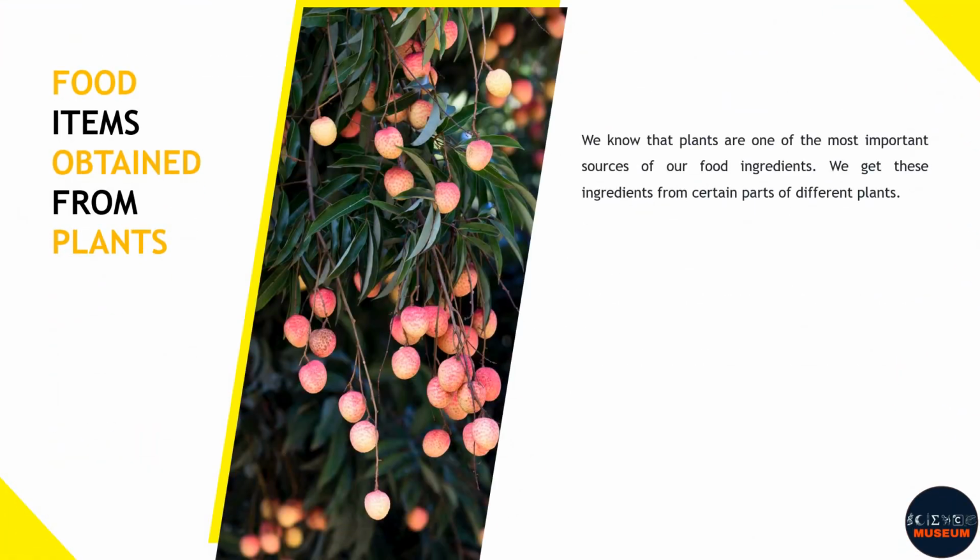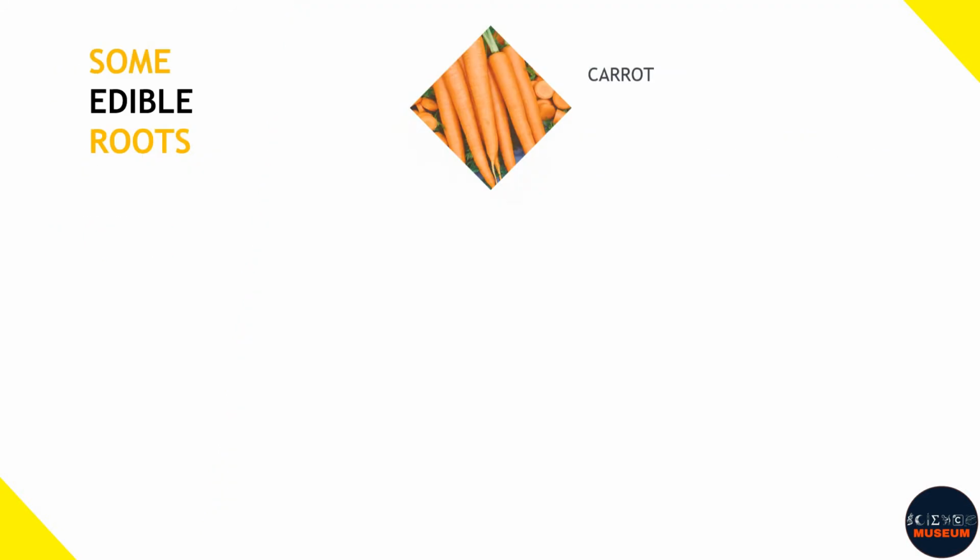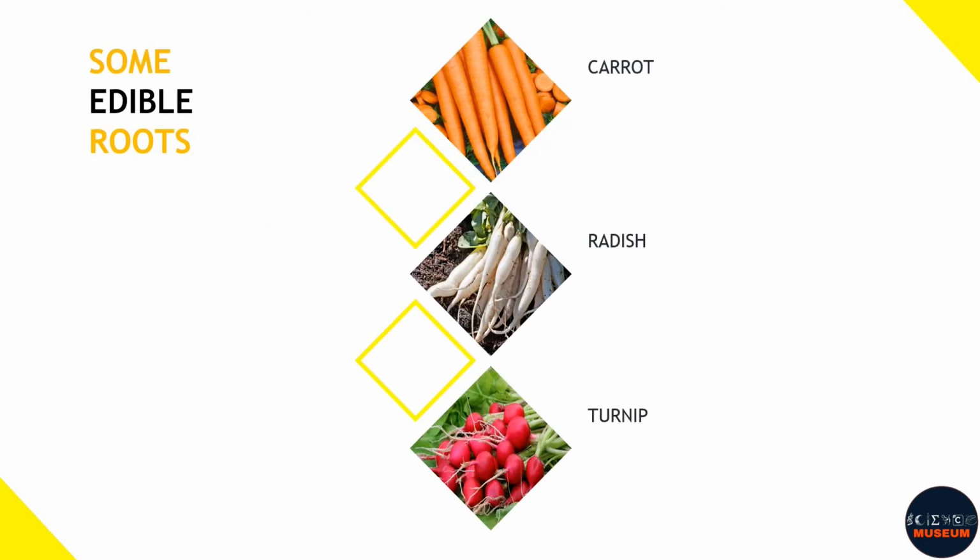First of all, let us understand the food items that we obtain from plants. We have seen that plants are one of the most important sources of our food ingredients. We get these ingredients from certain parts of different plants. Now let's take some examples of food items that we get from plants. Students, we get some food items from plants in the form of roots.